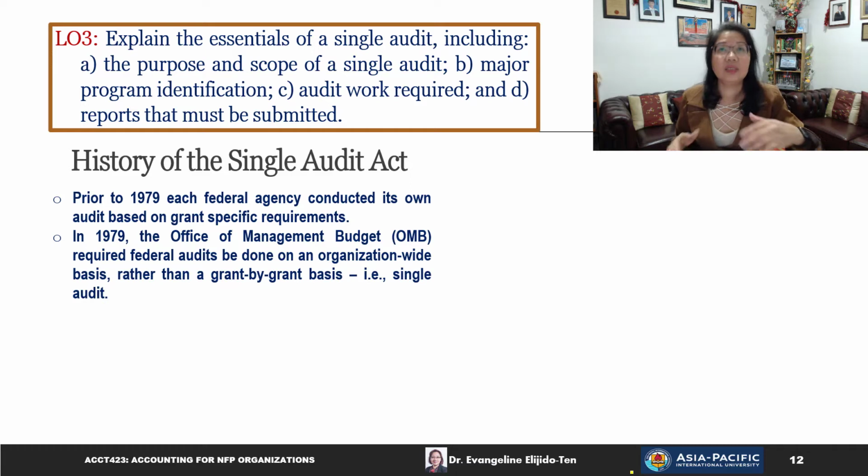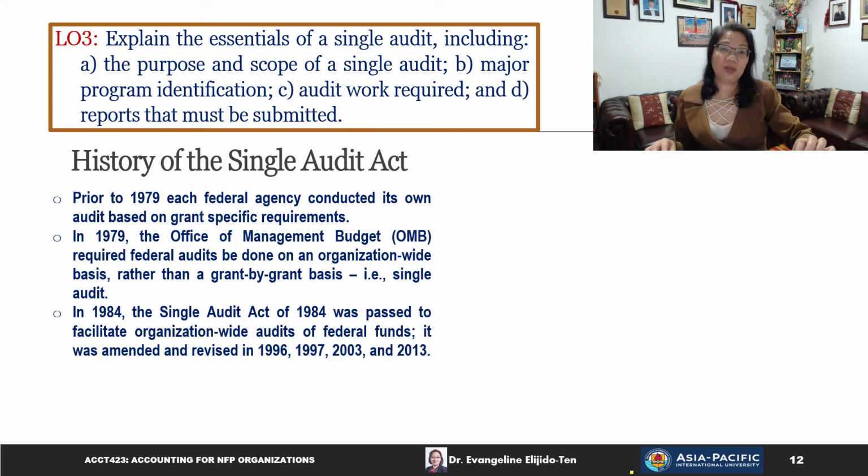Now, because all these standardization attempts were not really achieving the success that the government wants, in 1979, the Office of Management Budget required federal audits to be done on an organization-wide basis rather than grant-by-grant basis. And that is what we are referring to as single audit.